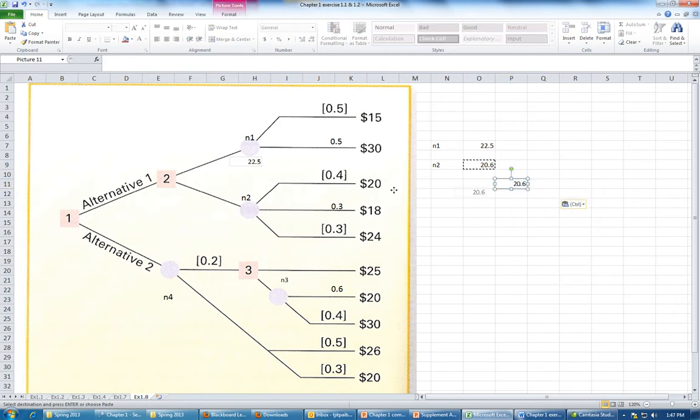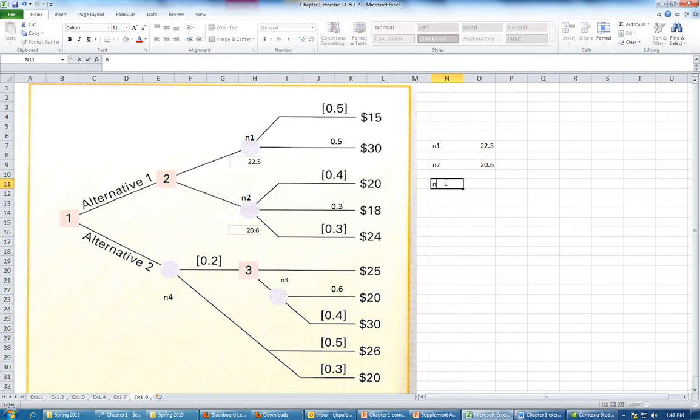Now for node number 3, node number 3 can be done first, and then you're going to make a decision on node number 2.